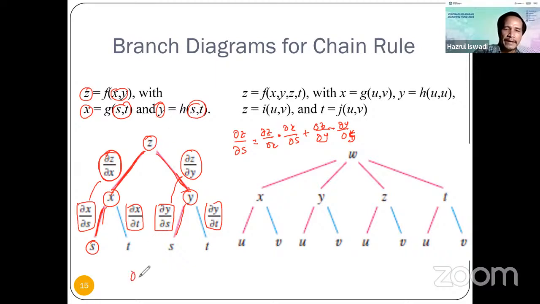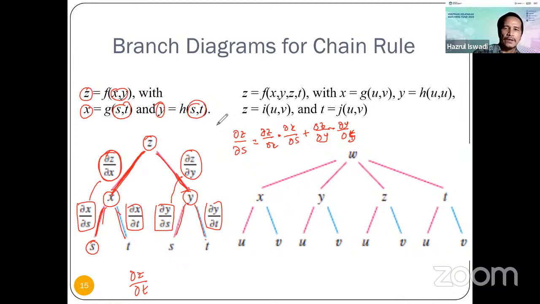And also, if you want to find the partial derivative of z with respect to t, you also have two ways. The first way is z to x and x to t, and the other is z to y to t.